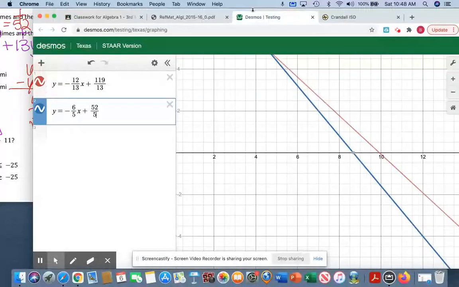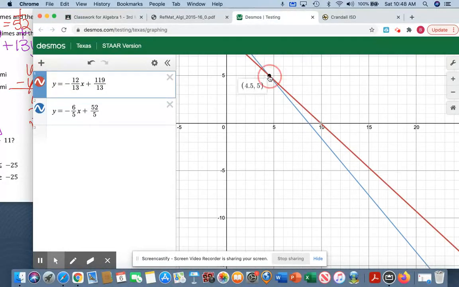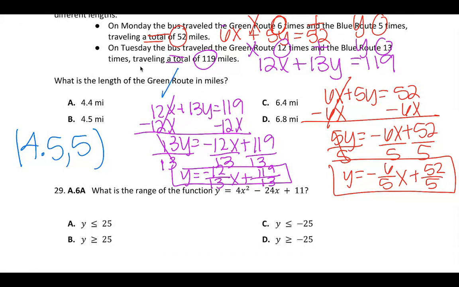Okay, let's see where they cross. They meet at 4.5, 5. So if I go back here, it's asking for the green route, which I called x, so I need to find my x value, which is 4.5, which is answer choice B.